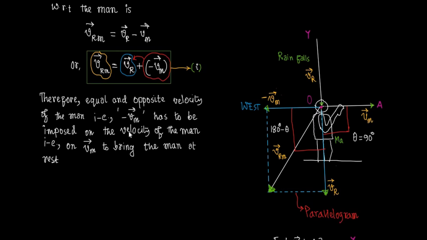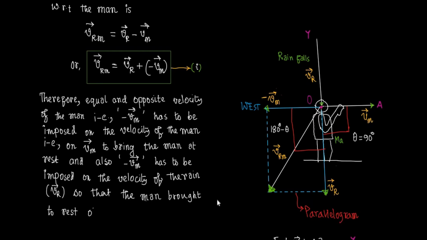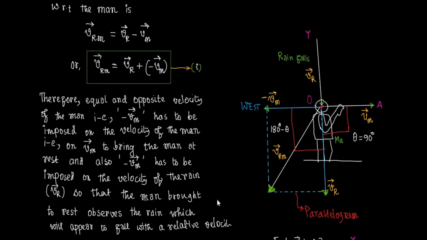Also, minus vector Vm has to be imposed on the velocity of the rain, that is on vector Vr, so that the man brought to rest observes the rain, which will appear to fall with a relative velocity vector Vrm.